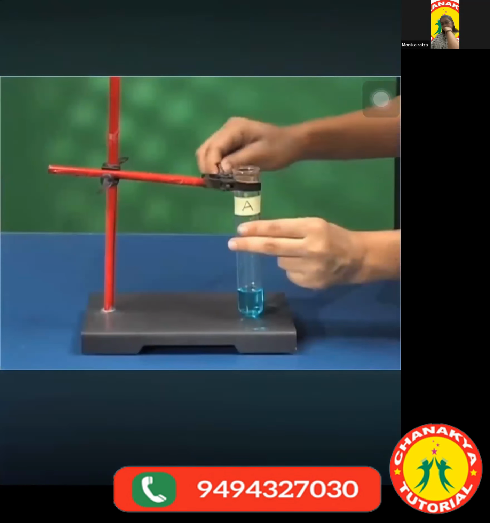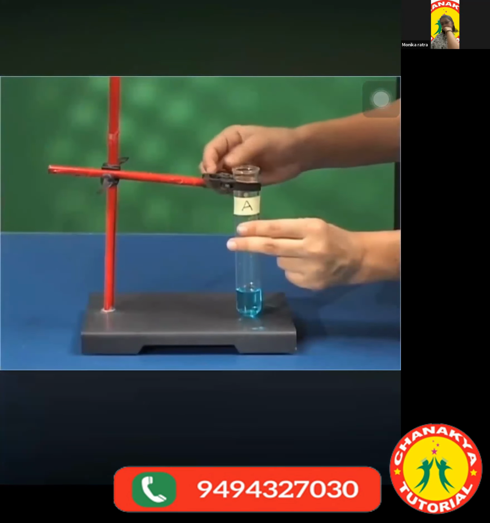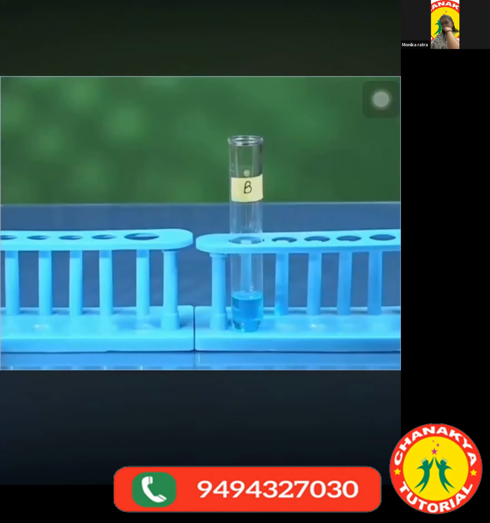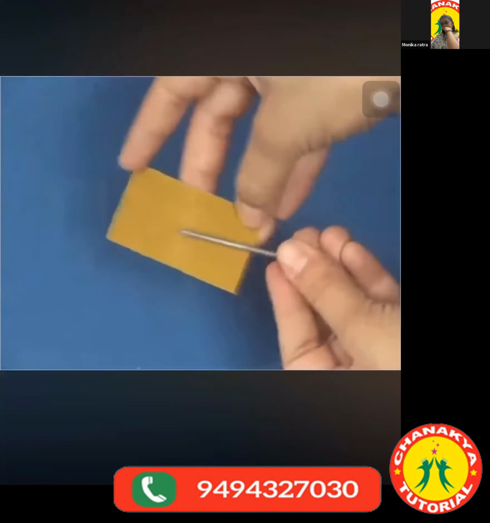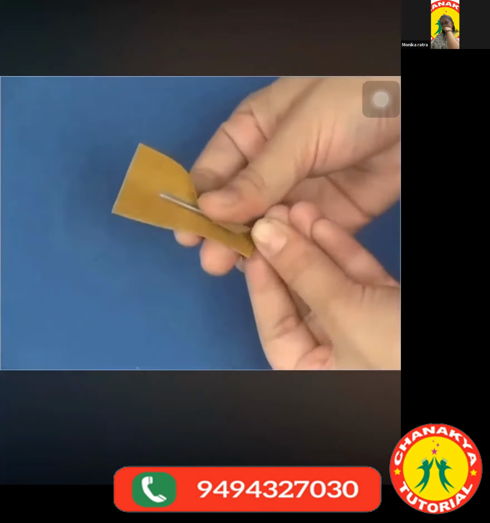Fix test tube A on the clamp stand and keep test tube B as control sample in the test tube stand. Now, take 3 iron nails and clean them by rubbing with sandpaper.